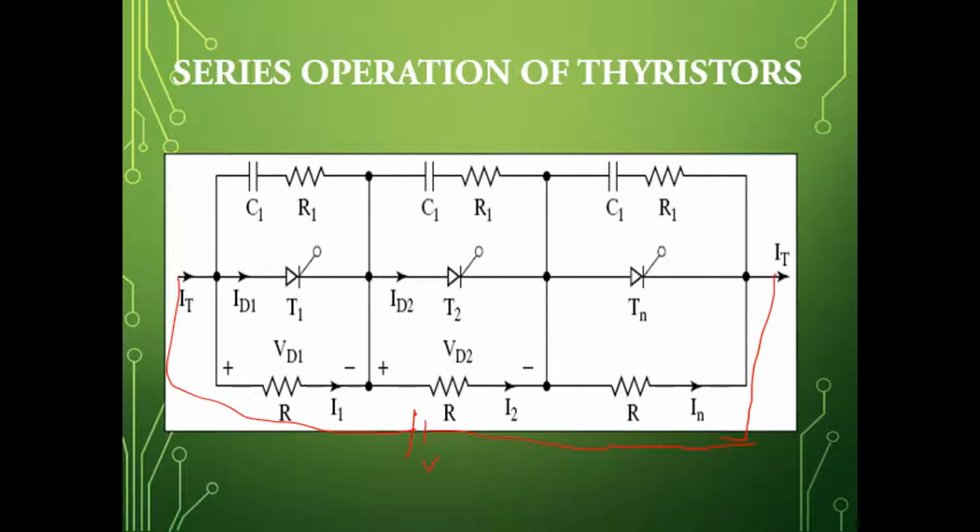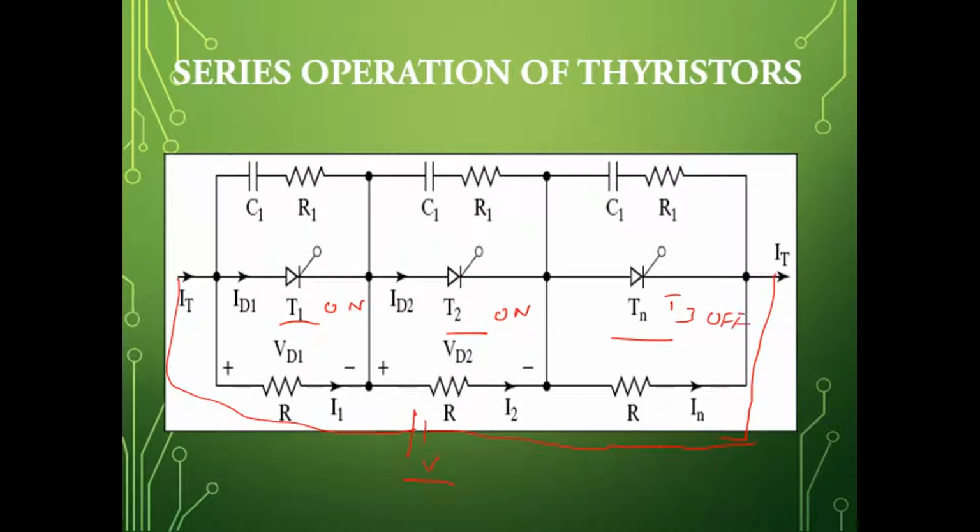Why? Because the voltage V is divided among T1, T2 and Tn, which I'll take as T3. When we want the voltage V to be shared among T1, T2 and T3, all should conduct at the same time. Say suppose now T1 is on, T2 is on, but T3 is off.